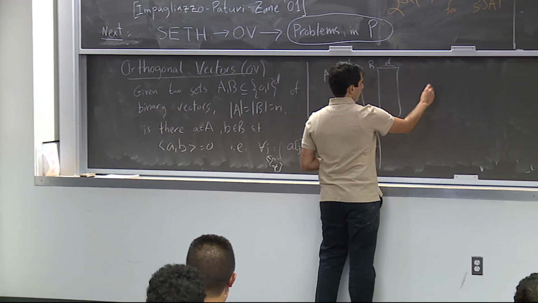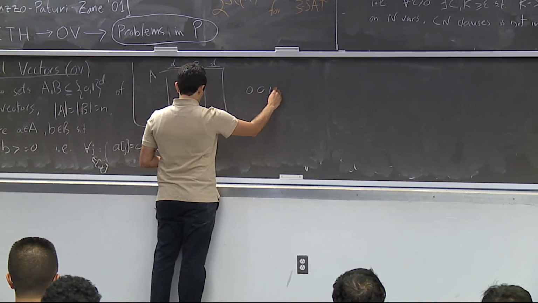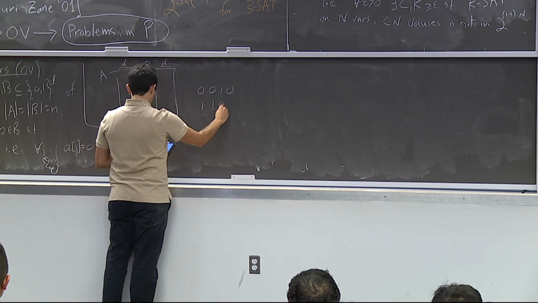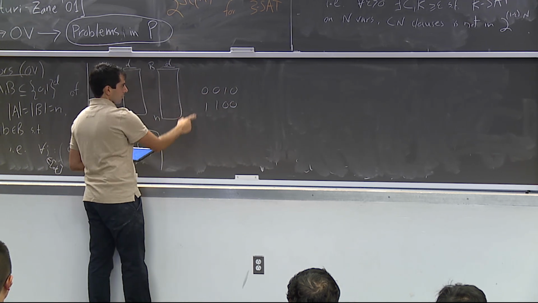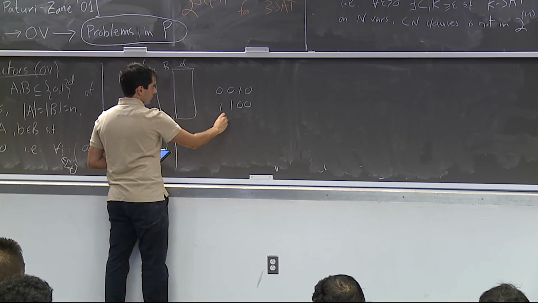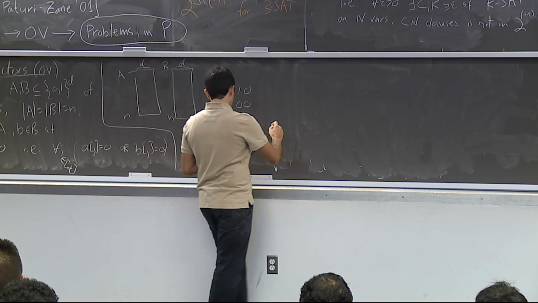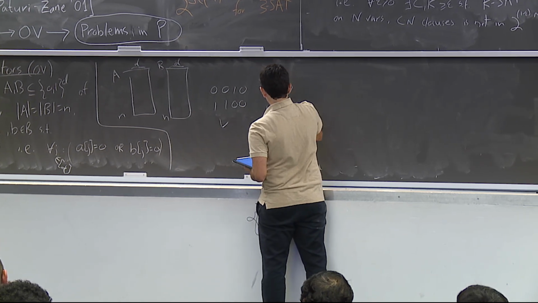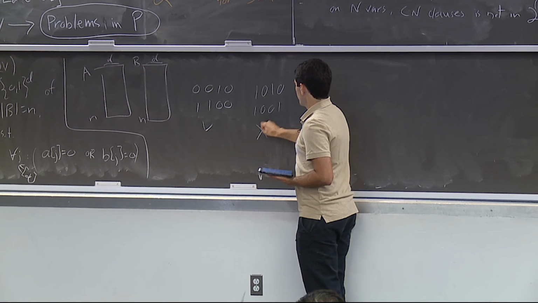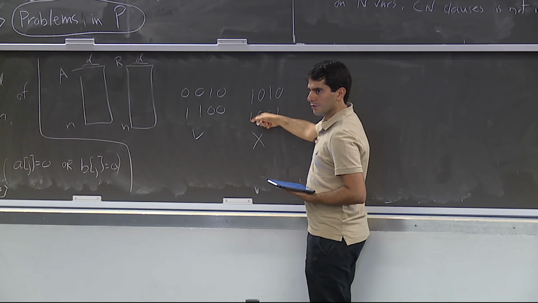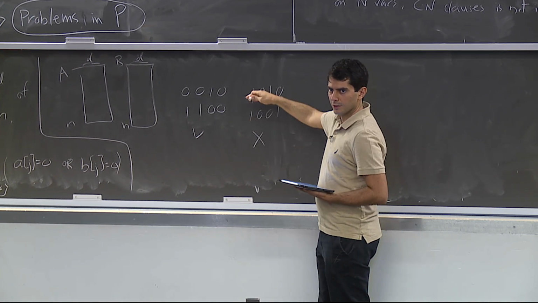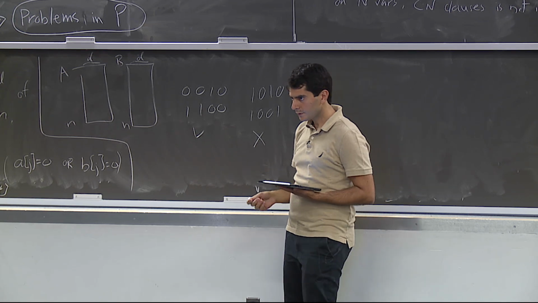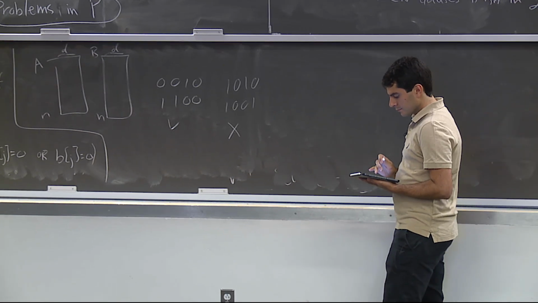So here's an example. These are two vectors. These are orthogonal, right? Whenever there's a 1, there's a 0. So these are orthogonal. And then these, for example, are not orthogonal because in this coordinate they are both 1. So if you take the inner product, you get something non-zero.